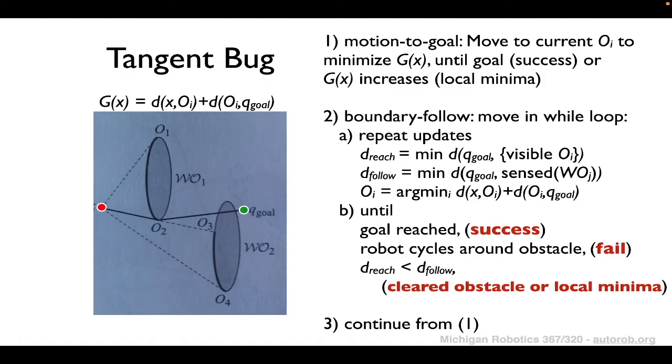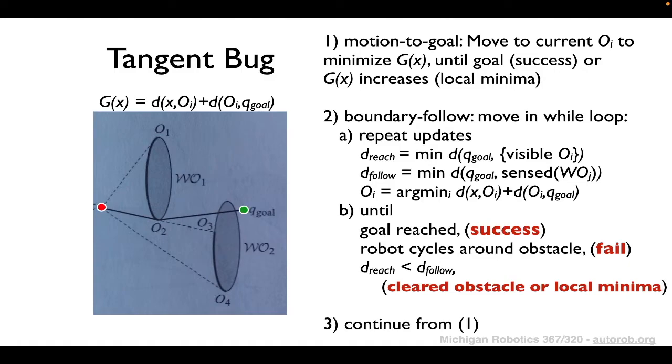You continually perform this motion to goal behavior until either you reach the goal or until this heuristic begins to increase, which indicates you've reached some local minimum within the map. At that point, you move into behavior number 2, so you begin to boundary follow.